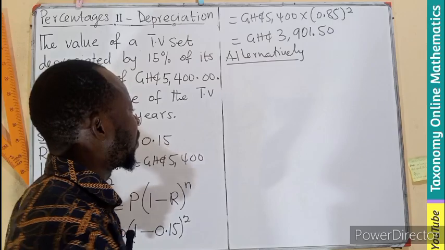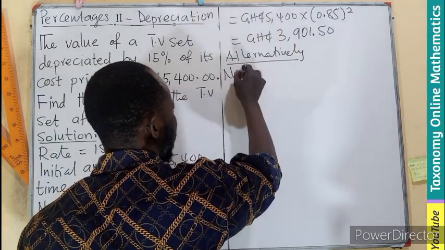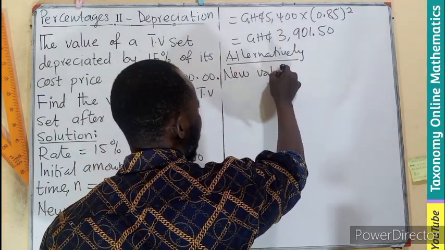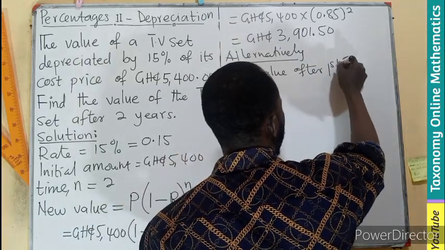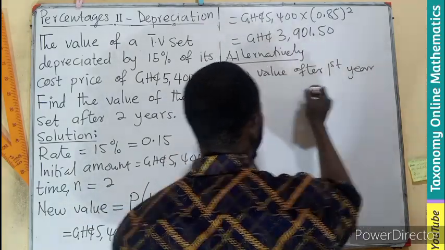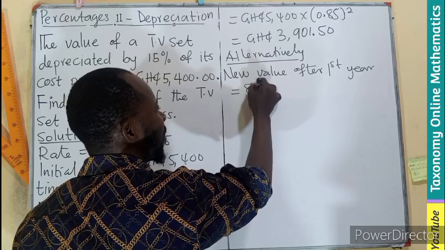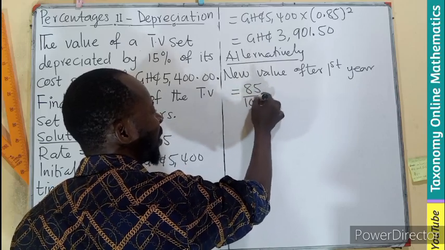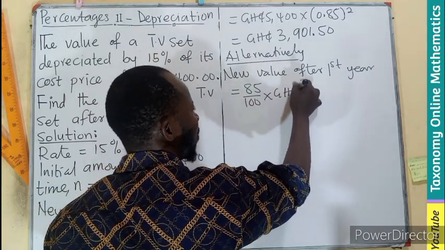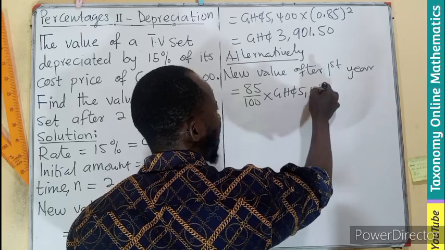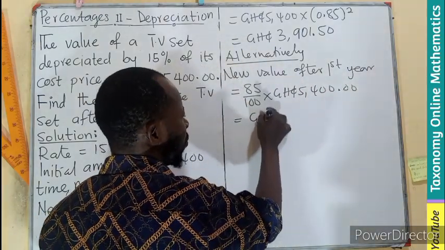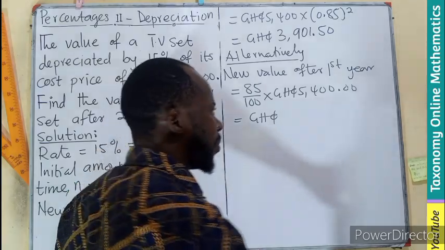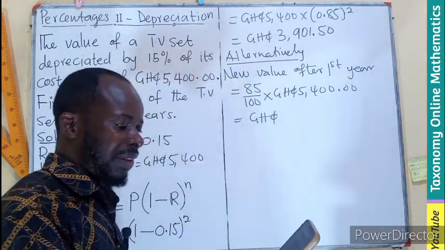So we can say that the new value after the first year will be 85%, which is 85 over 100, of the original price, 5,400. So let's see what that will be if we perform 85% of it.